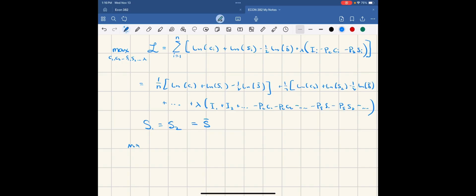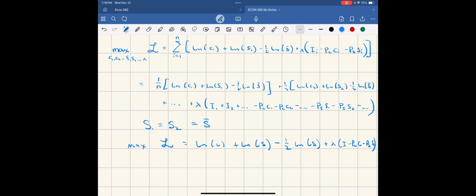We're going to maximize our Lagrangian, which is log of C plus log of S minus 1/2 log of S plus our budget constraint, where we'll get I minus PCC minus PSS.